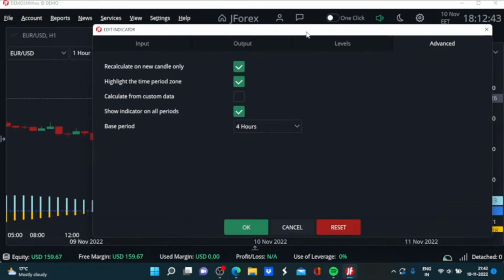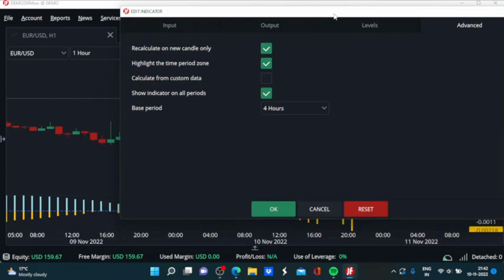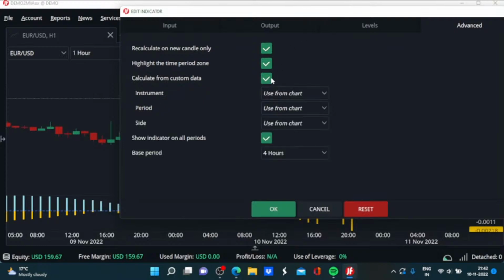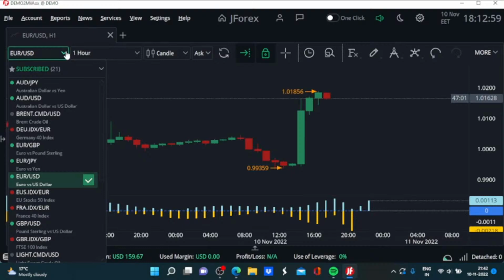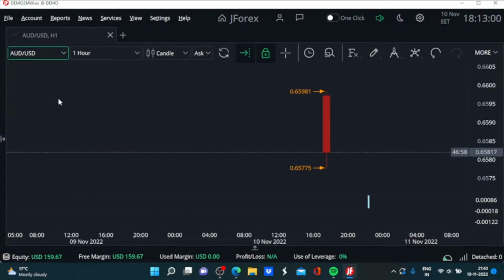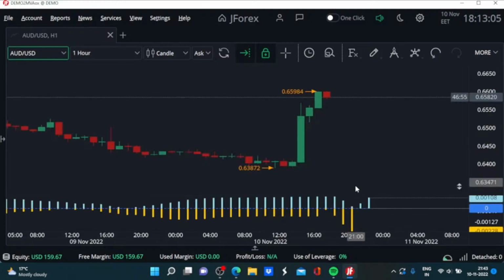Calculate from custom data. The calculation can be customized further with the option to use this indicator for all the instruments available on the chart. So whenever you use a different instrument from the chart, you can have this indicator plotted for that instrument as well. Now, if I change it to say AUD USD, I will have this indicator plotted for the AUD USD.